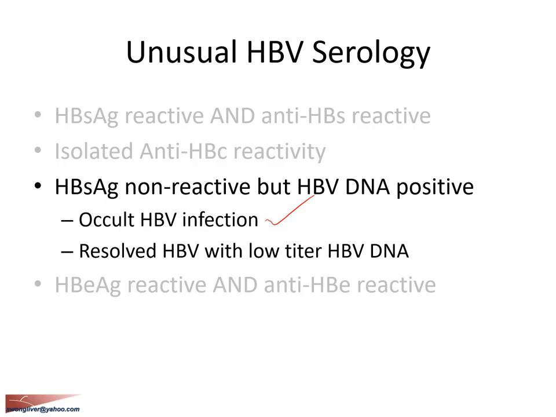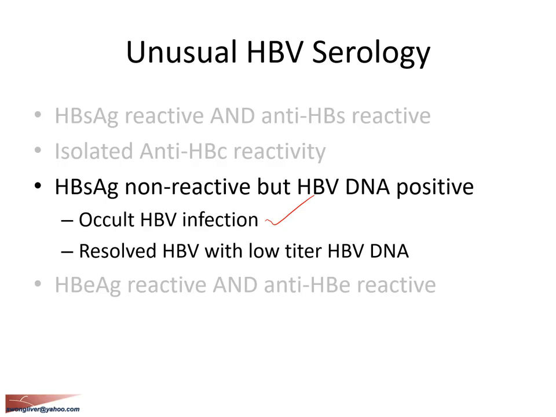Okay. Now, in some patients, it can also mean that the patient has resolved the hepatitis B, meaning the S antigen has become negative. But as I mentioned earlier in one of the slides, there's the presence of the cccDNA.